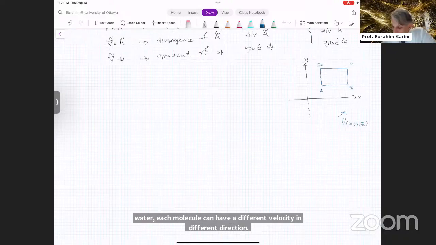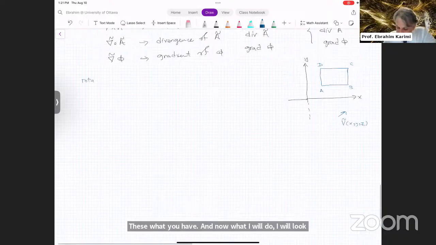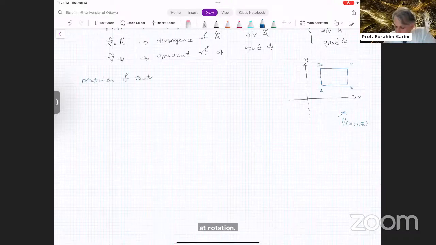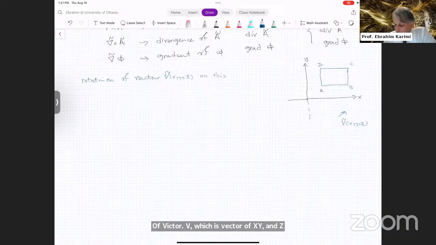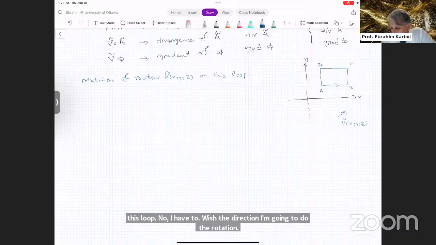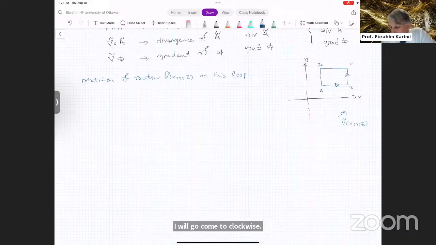Now what I will do, I will look at the rotation of vector V, which is a vector of x, y, and z, on this loop. Now I have to determine which direction I'm going to do the rotation. I will go counterclockwise. So I will go around this in this way. And A is located at the position of x0, y0.